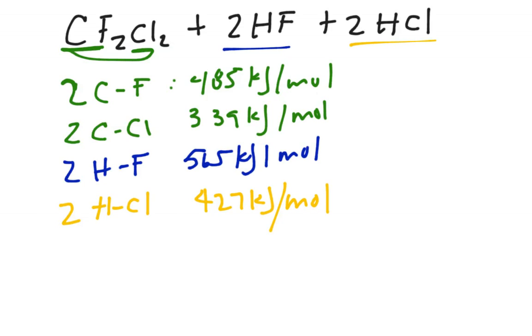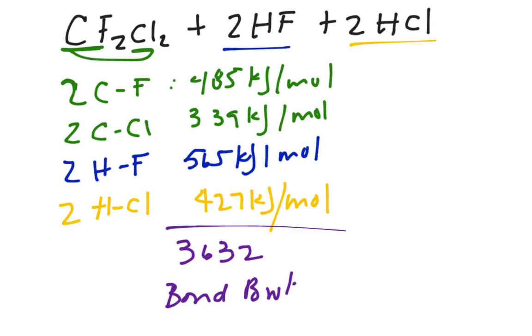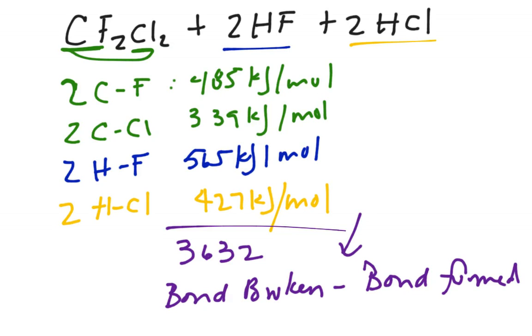So I add these all together and I come up with 3,632. So now I just subtract the two. I go, my bonds broken, minus my bonds formed, and this works out because we want to know if the bonds formed is greater, then it's going to be exothermic, which should be negative.